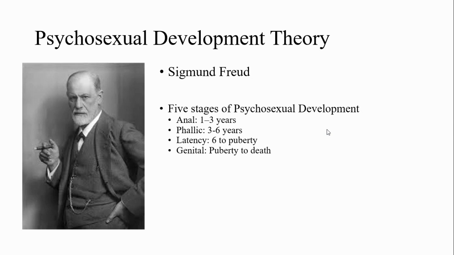Phallic is either the penis or clitoris, and this is 6 years old to puberty, and this is where children, he states, through masturbation can figure things out. Latency, it's little or no sexual motivation present, and they're more focused on intelligence and learning new things.